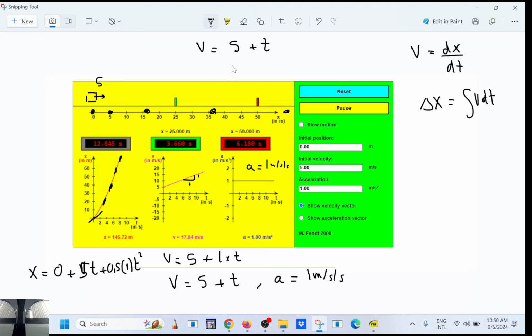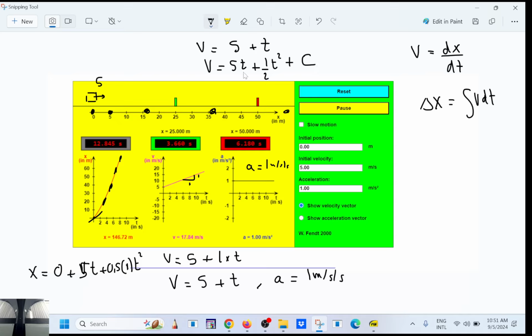So you take the integral. So if you take the integral, what do you get? V equals what you have here. 5t, very good, plus 1/2 t squared plus c, you're right.